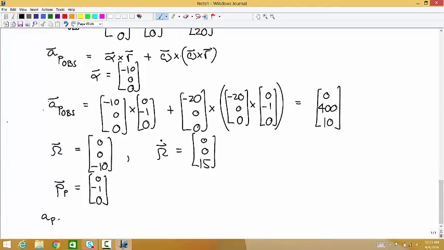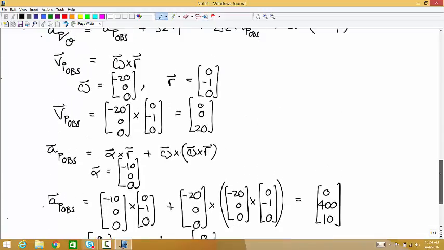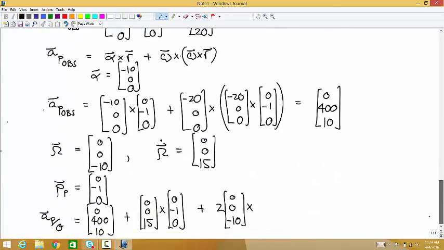And so the acceleration of P relative to the origin is equal to 0, 410, plus 0, 0, positive 15 crossed with 0, negative 1, 0, plus 2 times 0, 0, negative 10 crossed with the observed velocity vector, which is 0, 0, positive 20.